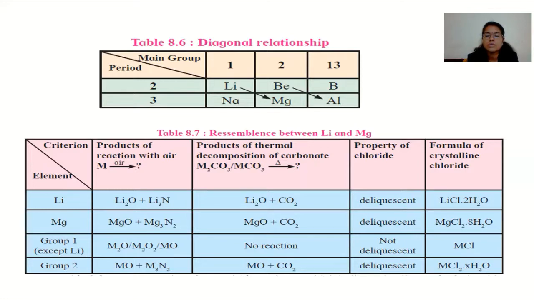Thus lithium shows many differences with the remaining alkali metals. You can see in this table, lithium shows diagonal relationship with magnesium. Its property is similar to magnesium.